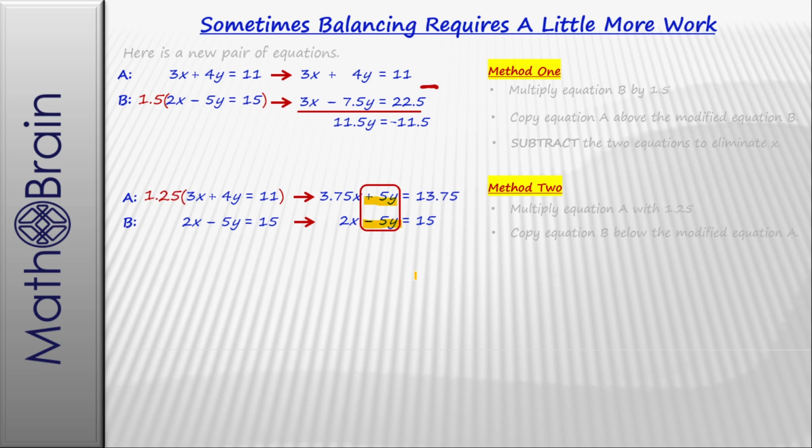When we add the two equations, the y's cancel out. Adding will eliminate y, to give us this new equation. 5.75x on the left-hand side, and 28.75 on the right.